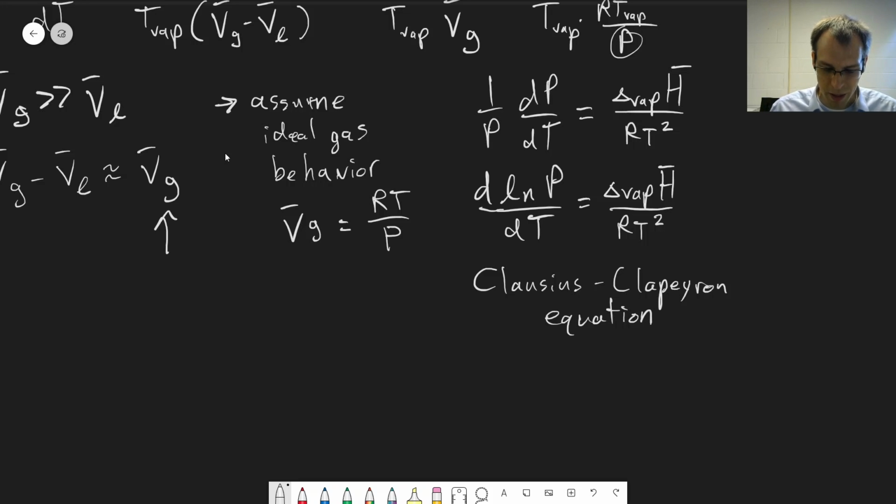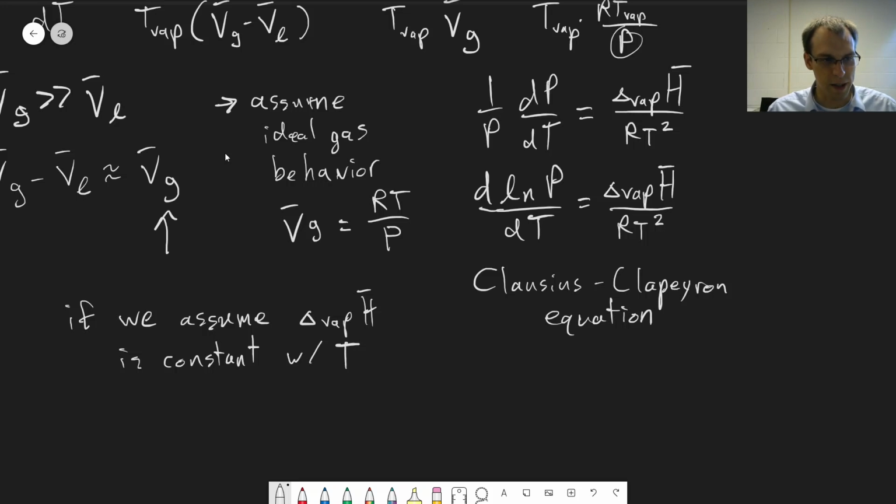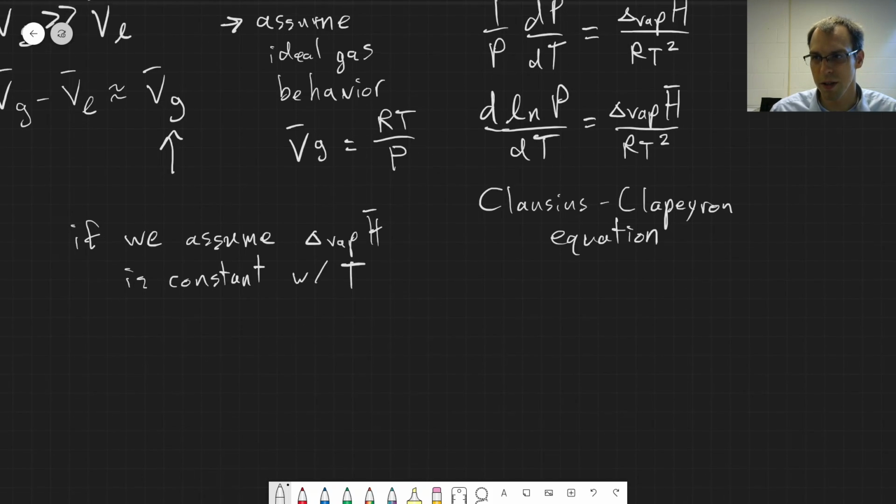Okay, now we can take this one step further. If we assume that the enthalpy of vaporization is constant with temperature, then we can go ahead and integrate this and get an integrated form of this equation.